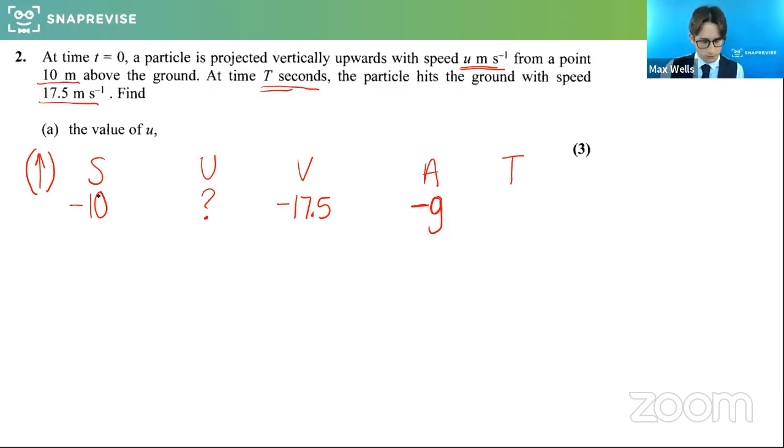So what we do is we look at the direction of what each of these things are happening in. And the ones that are vector values, which means they're values with a plus or minus associated direction, we have to be very careful on if we set it as plus or minus, okay? So it's accelerating downwards, and that's the same direction that it ends up hitting the floor in a downward sense.